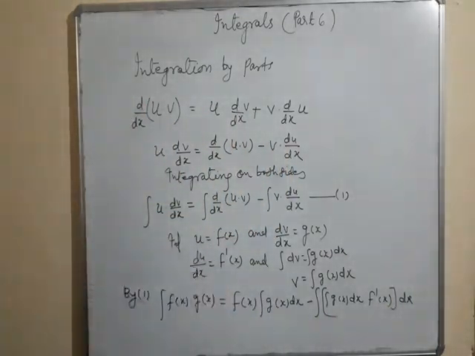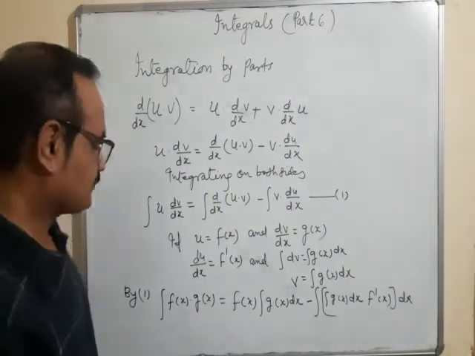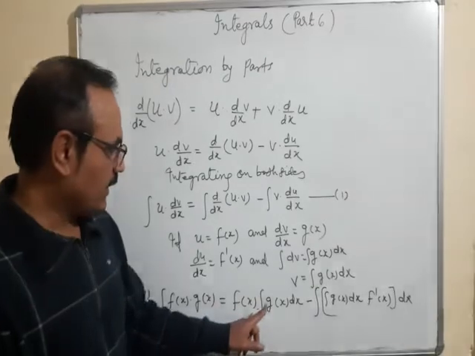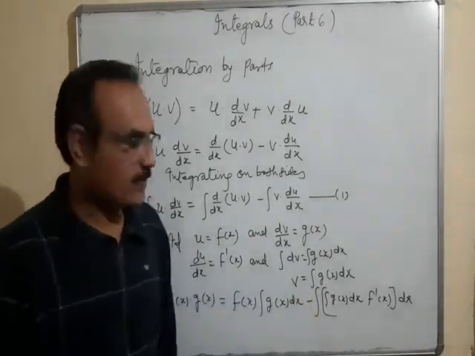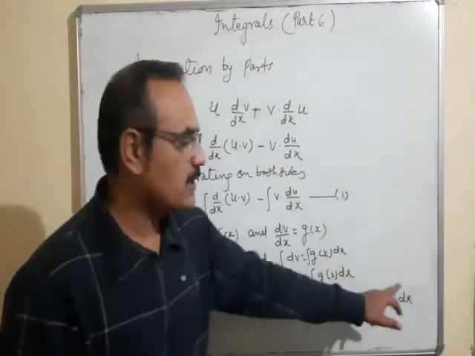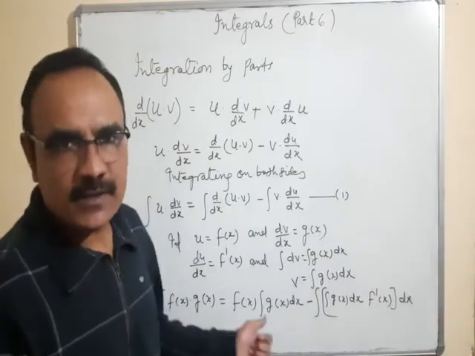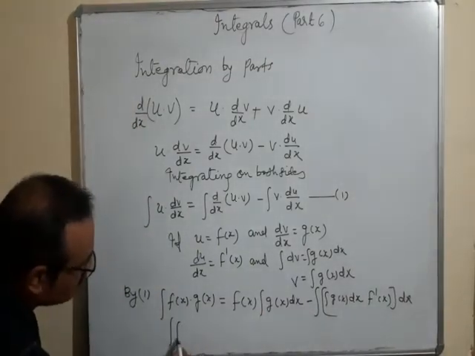So what is the result we are getting when there are two functions? In integration by parts, what should be done? First function, integration of second function, minus integration of differentiation of first function into integration of second function, whole integration. Okay, this is integration by parts. So I am arranging it properly.